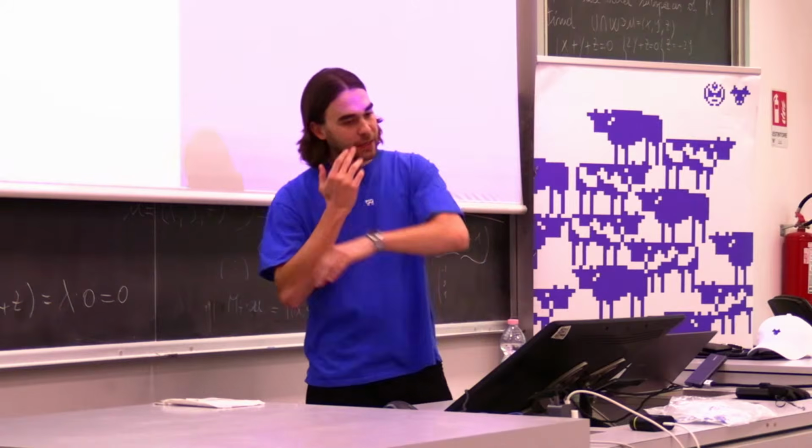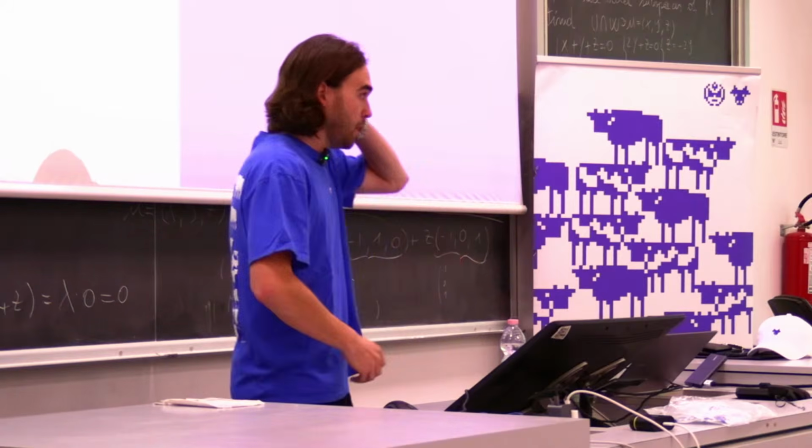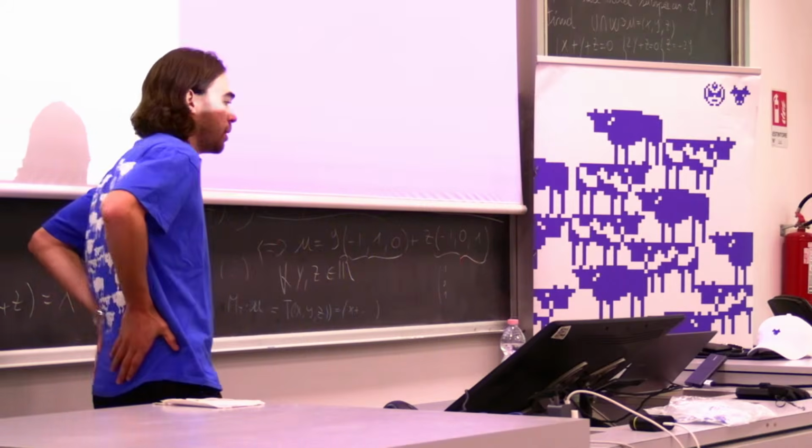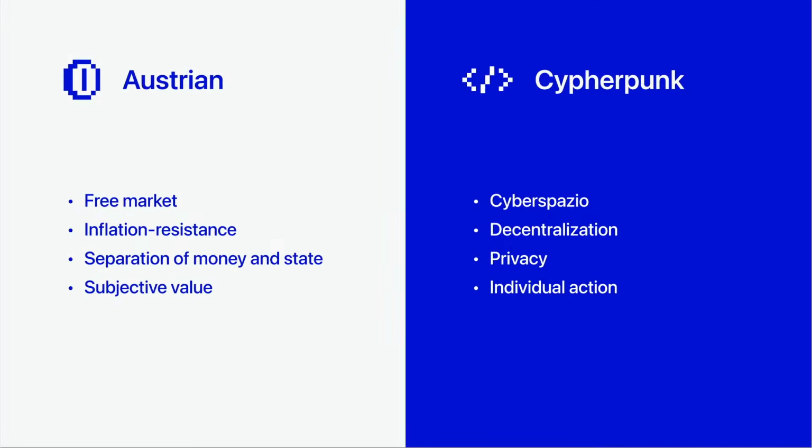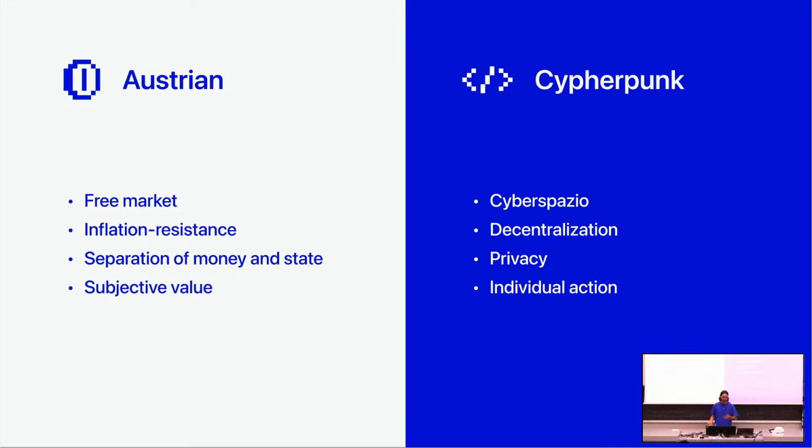And on the cypherpunk side, cypherpunk is a movement made of mathematicians and computer science guys, and they were active at the end of the 20th century. They were worried about the direction of this world, especially the surveillance that was more and more in place, using information technologies that were rising in that period.